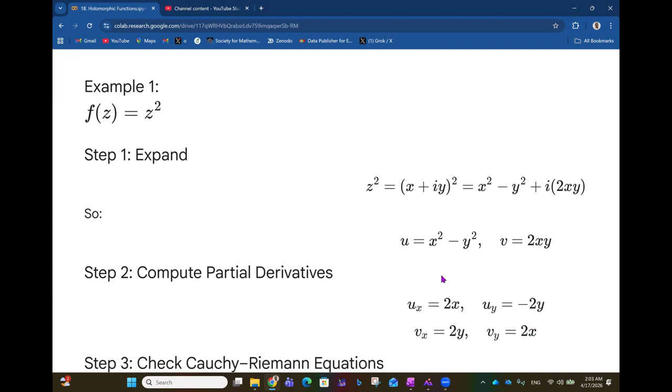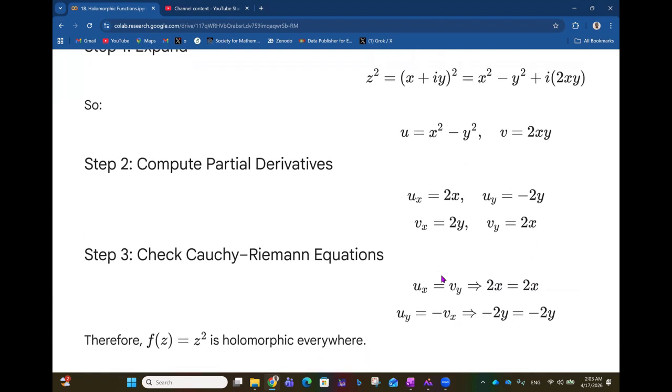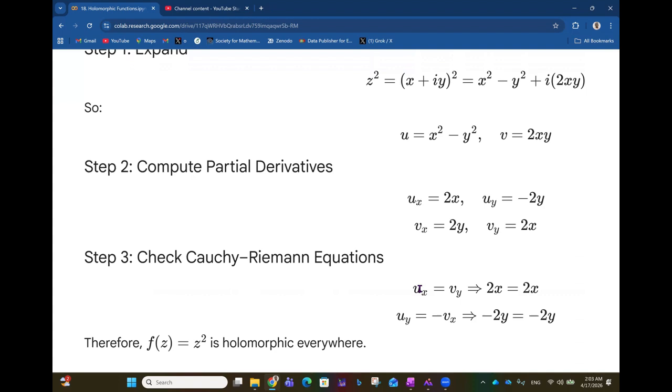Now to check Cauchy Riemann: u sub x equals v sub y, u sub x is 2x and v sub y is 2x, so that holds. On the other hand, u sub y is minus 2y and v sub x is 2y, and u sub y should be minus v sub x, which means minus 2y is minus 2y.